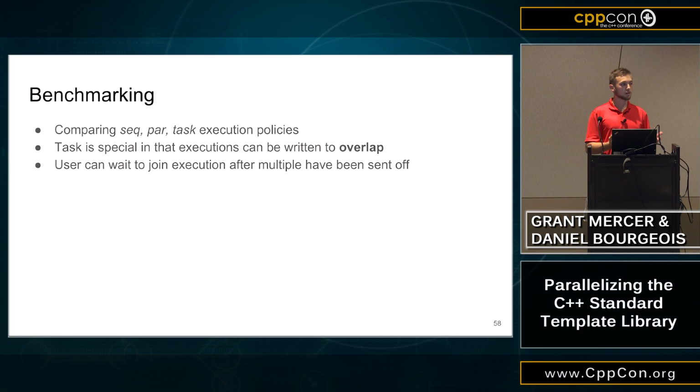With a parallel execution policy, if you want to call one parallel algorithm right after the other, you would execute that parallel algorithm, wait for that thread to finish, join back up, and then execute the next parallel algorithm. But with futures and tasks, what you can instead do is send both off at the same time and choose to wait for them after, once you've sent both off. So now you can do multiple pieces of work, and you don't have to wait for that first one to finish until you wish to.